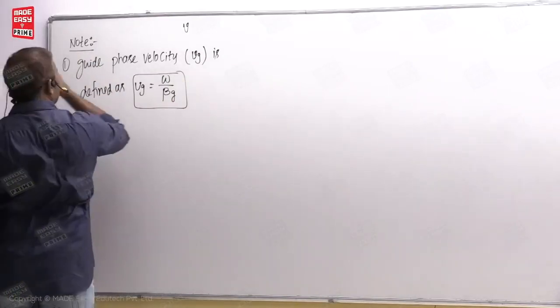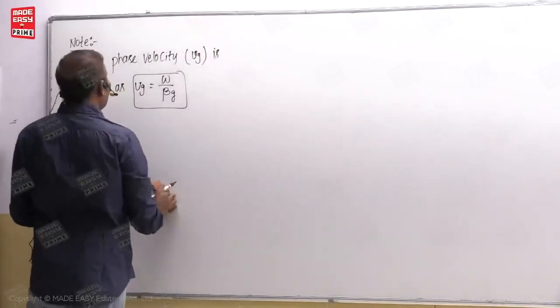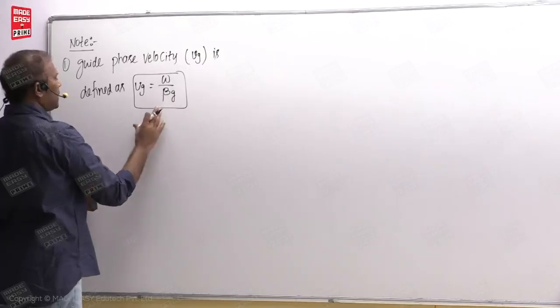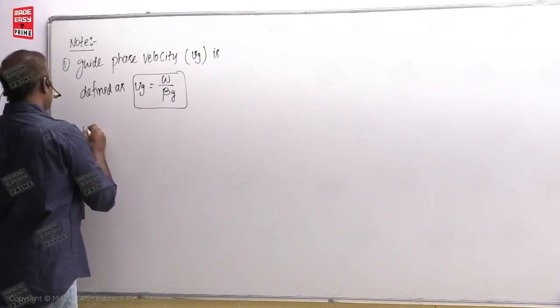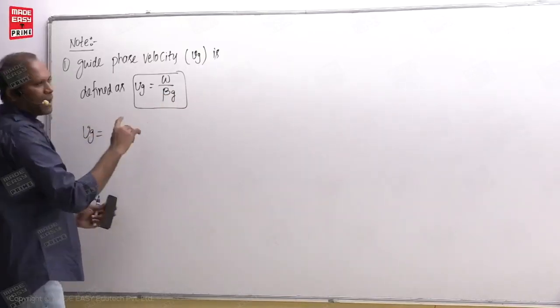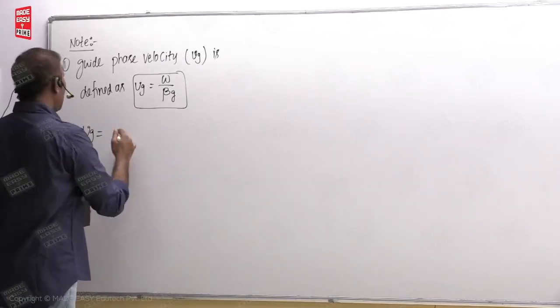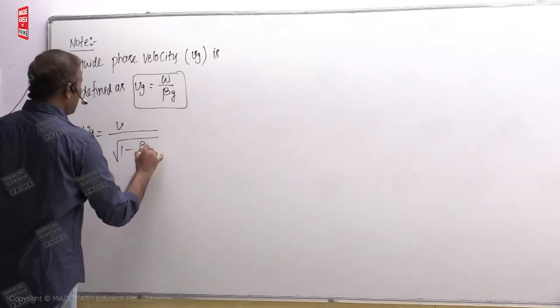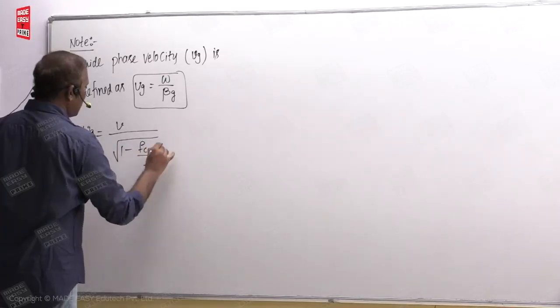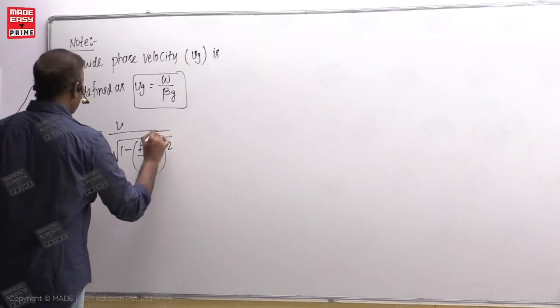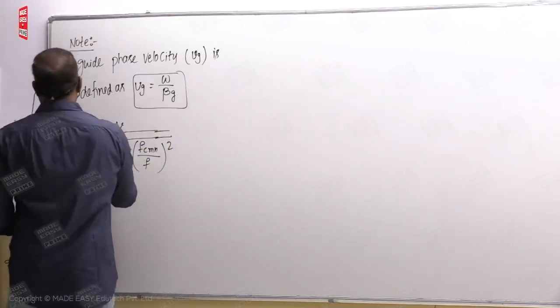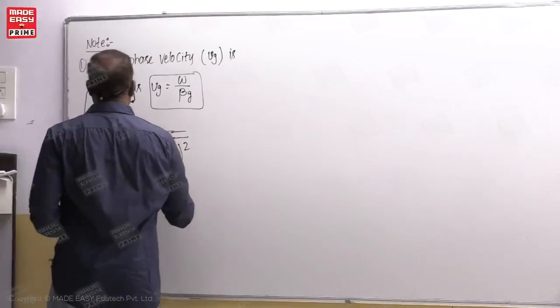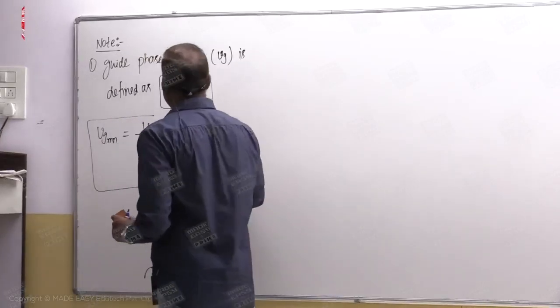And after doing mathematics, you have seen, I did the mathematics, you got V divided by root of 1 minus (fc mn divided by f) whole square, and this gives the guide phase velocity for mn mode, as you have seen after doing the mathematics.